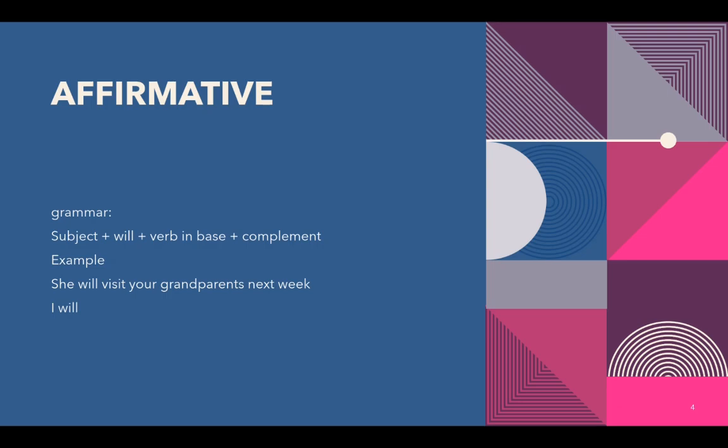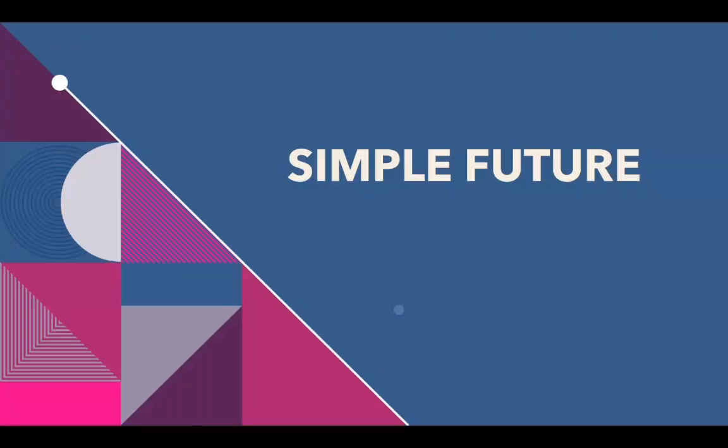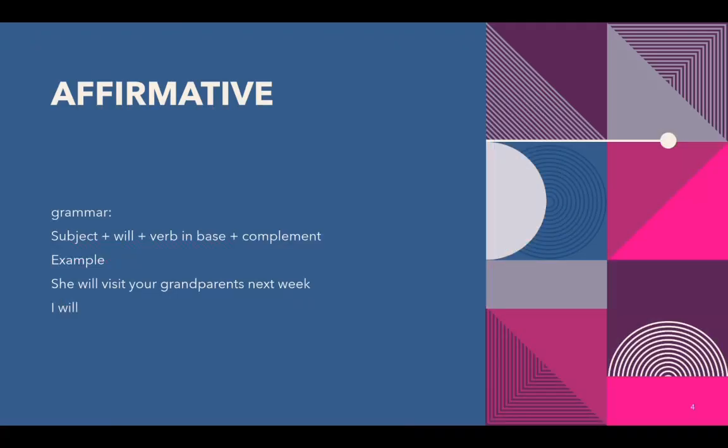Remember, when I have an auxiliary, the verb is always in the base form, plus complement. This is a little example for these affirmative sentences. She will visit her grandparents next week. I will change the subject. For example, I will visit my grandparents next week.